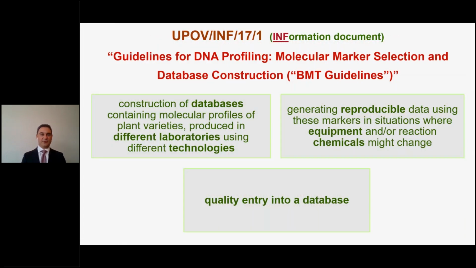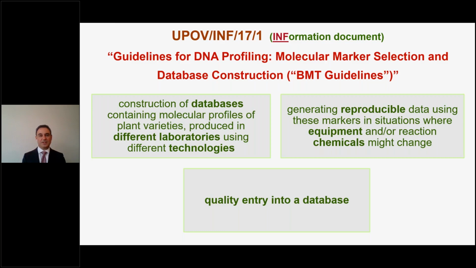The first document, Information Document number 17, Guidelines for DNA Profiling and Molecular Marker Selection, Database Construction, or BMT guidelines. The objective of this document is to provide basic information for UPOV members in constructing databases, even when these databases are built with different laboratories cooperating, using different technologies.